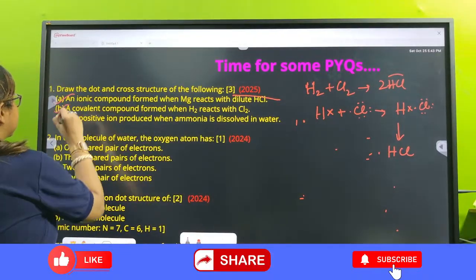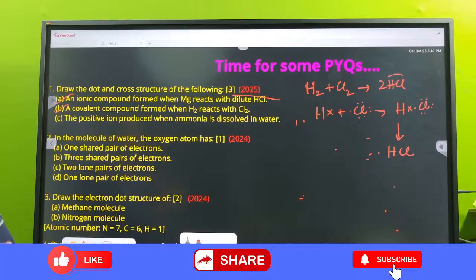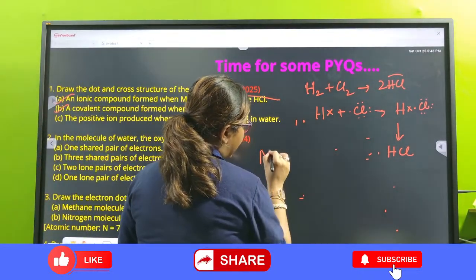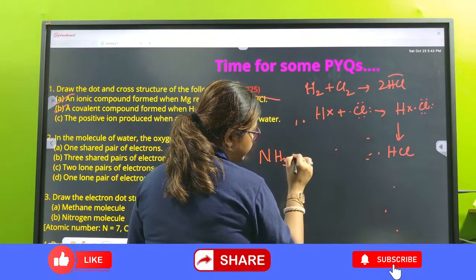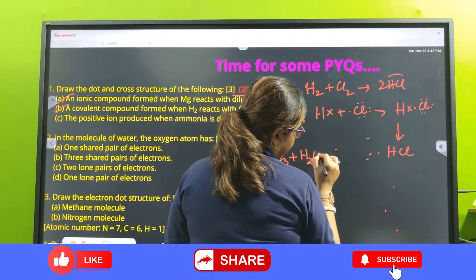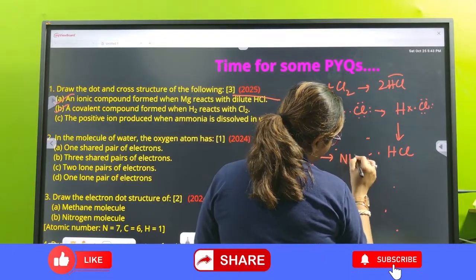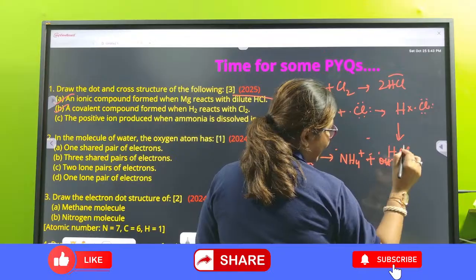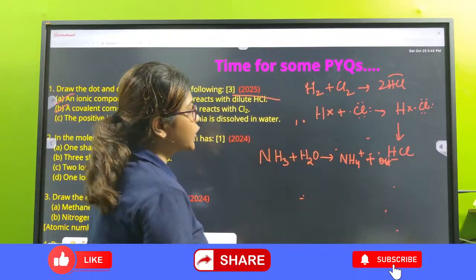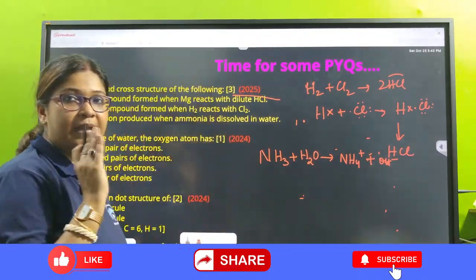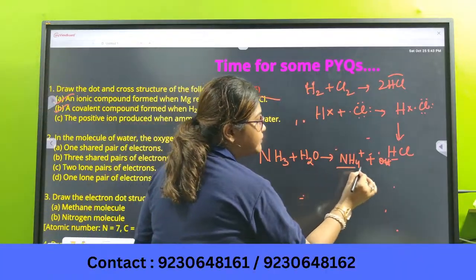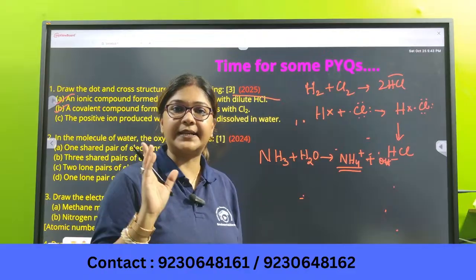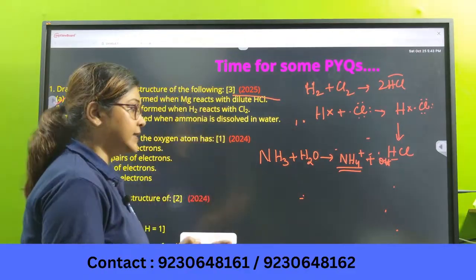Next is the positive ion produced when ammonia dissolves in water. Now when ammonia dissolves in water, I get ammonium ions plus OH minus, right? So as Helen ma'am has said, this is an example of generation of a coordinate compound, that is the ammonium ion.